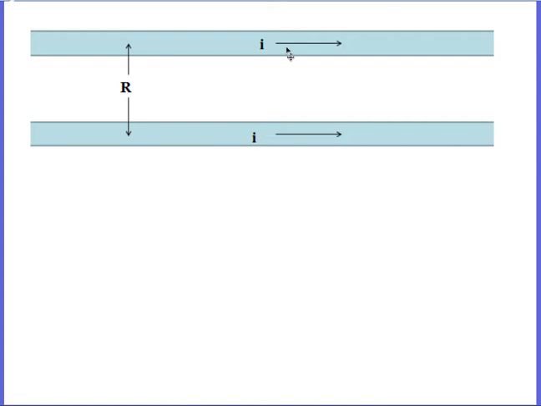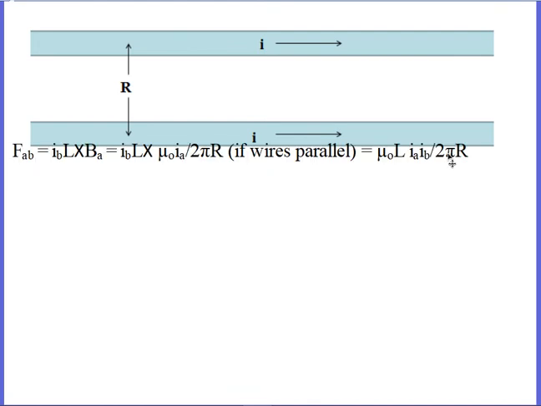You would then do a right-hand rule here with the top current, and I hope you are doing that, and the result should be that the magnetic field is going into the page here, and then I would do a cross product of this current with that magnetic field going into the page.